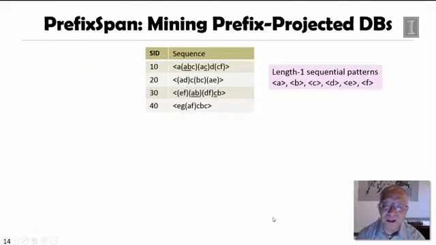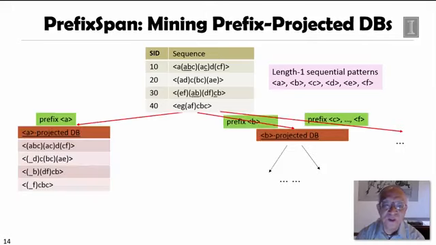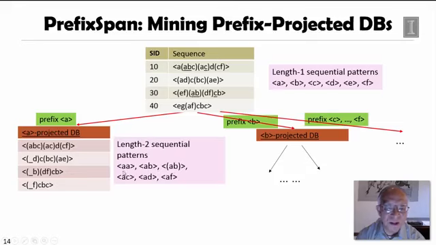So let's examine it in a little more detail. For this sequence database, if we find the length 1 sequential patterns like this, then we can get length 2 sequential patterns by first doing the projected database, then finding length 2 sequential patterns. That means if they are frequent in this projected database, they will form length 2 sequential patterns.